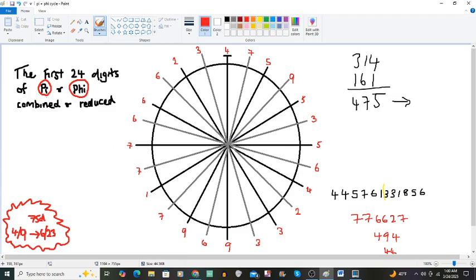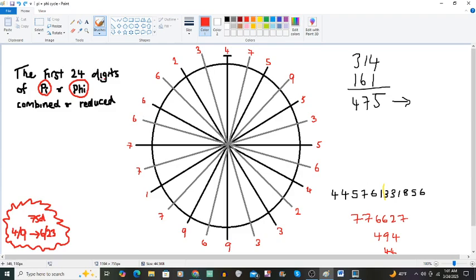For those of you who haven't seen that other video, what I'm dealing with here is I've taken the first 24 digits of the numbers that we call pi and phi. I've added the first 24 digits of each number together and then reduced them, and then I've put them in a cycle, because of our Fibonacci and Lucas numbers and pi numbers being in a cyclical format of 24 digits, just like we have 24 hours in a day and years are divided into 12s.